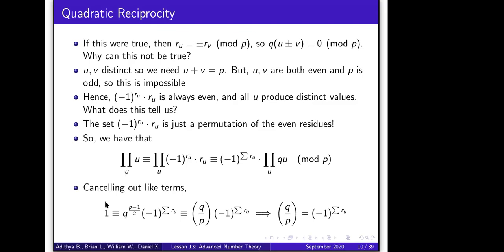The left-hand side becomes 1, and the right-hand side becomes q to the p minus 1 over 2 times negative 1 to the sum of ru. The reason q is raised to the power of p minus 1 over 2 is that it's multiplied p minus 1 over 2 times, because that's how many even residues there are. As we stated much earlier, q to the p minus 1 over 2 is just q over p, the Legendre symbol of q. Since 1 is equivalent to this, and both are plus or minus 1, q over p is just equal to negative 1 to the sum of ru.